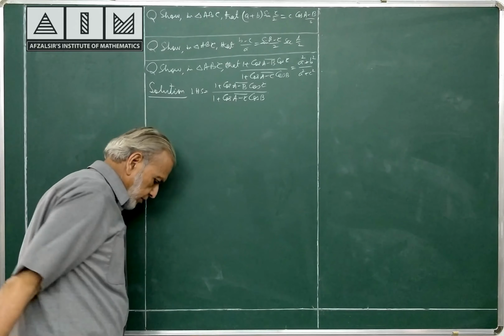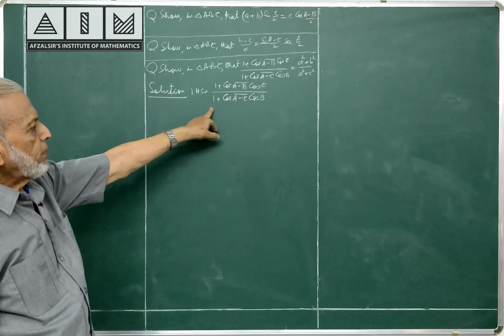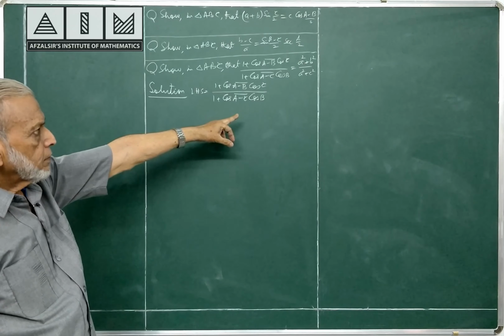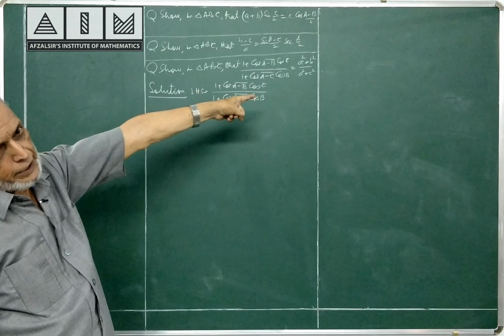This is the left hand side, (1 + cos(A - B) cos C)/(1 + cos(A - C) cos B). We have to prove this is equal to (a square + b square)/(a square + c square).